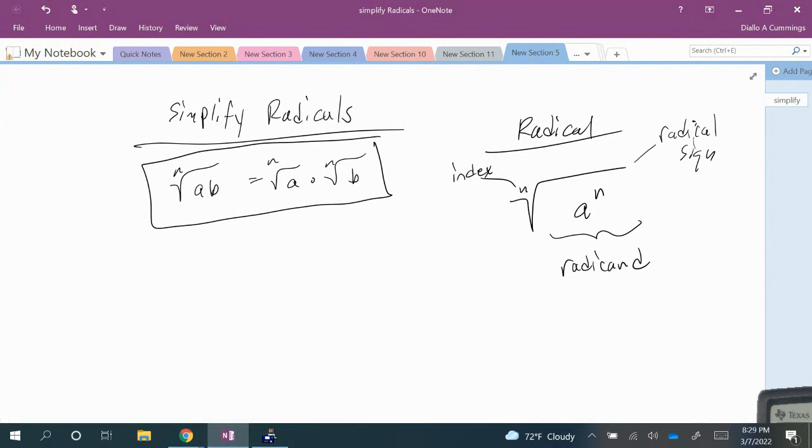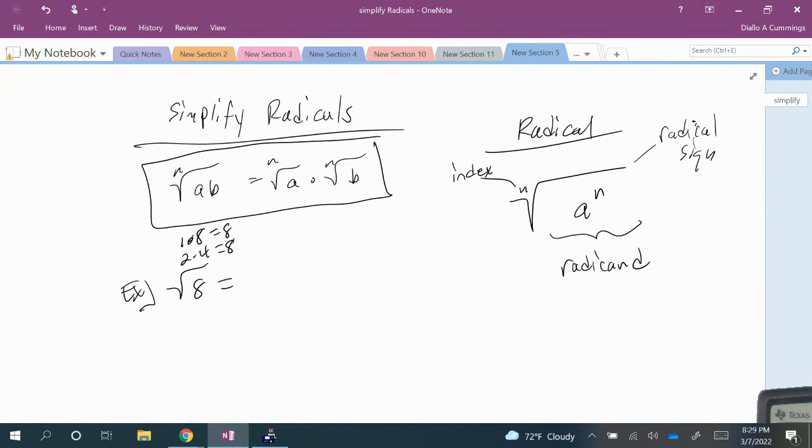Now if you want to simplify a radical, we're going to simplify the square root of 8. I can rewrite the square root of 8 as two individual radicals. What numbers give us 8? 1 times 8 is 8, and 2 times 4 is 8. The setup you're going to use would be the numbers that have perfect radicals.